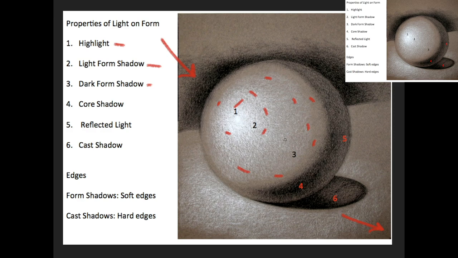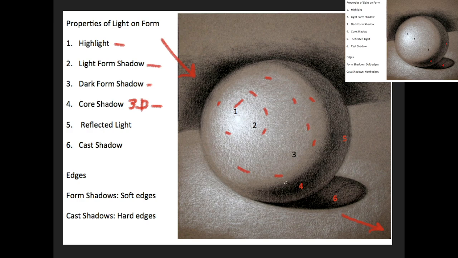Now, my favorite shadow, and the one that gives us quite a bit of movement or turn in three-dimensionality, is the core shadow. Now the core shadow at 4 is that shadow that terminates from the light to the dark, and it's a band in between that area where the light ends and the shadow begins.